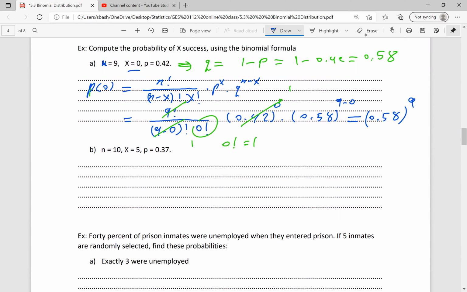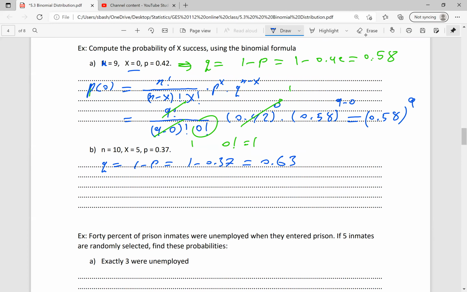In the second part, n equal to 10, x equal to 5, and p equal to 0.37. Again, we need to find q. q is equal to 1 minus p, that will be 1 minus 0.37, which is 0.63. This is q.